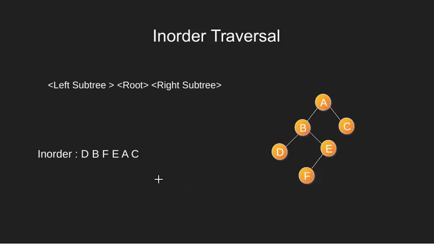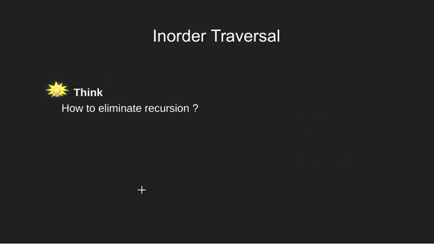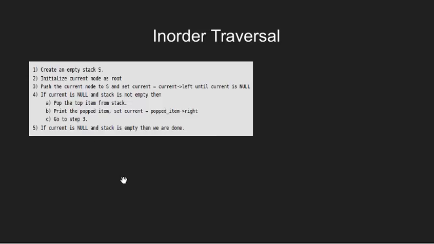Think about a data structure which behaves similar to recursion. A stack? Yes, after all, what is a recursive method really doing under the hood but implicitly making use of the call stack? Let's look at an algorithm that uses a stack to perform in-order traversal.